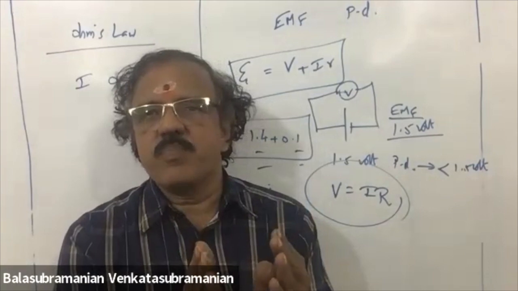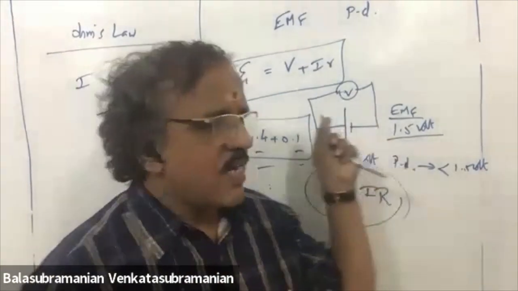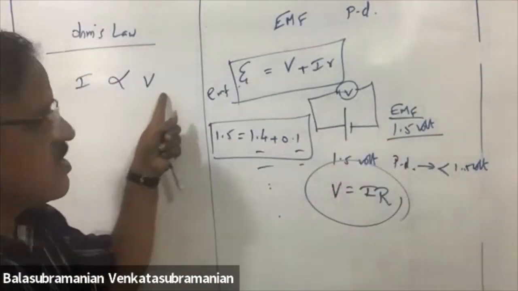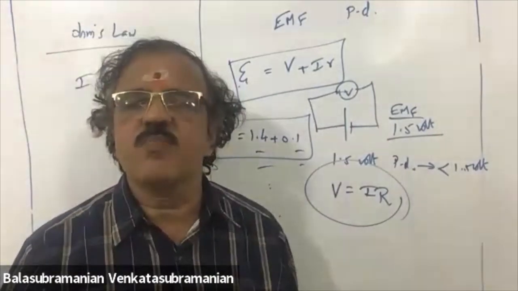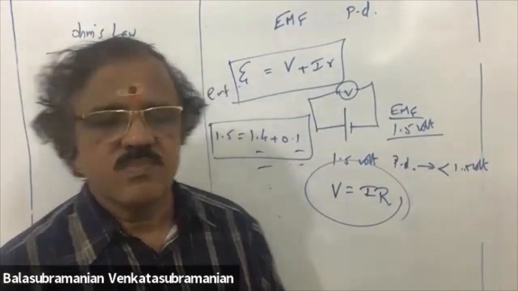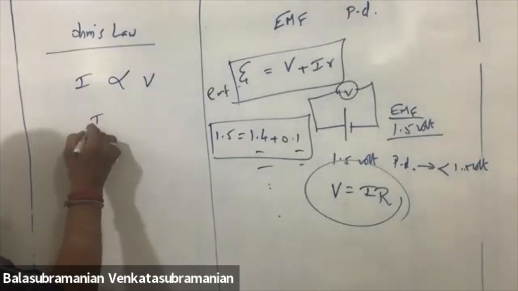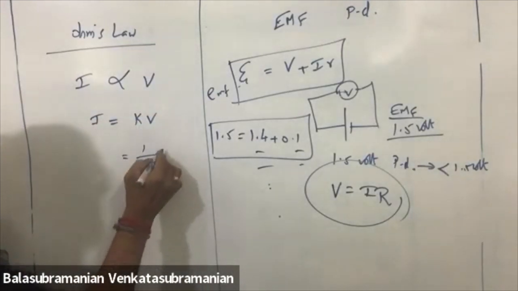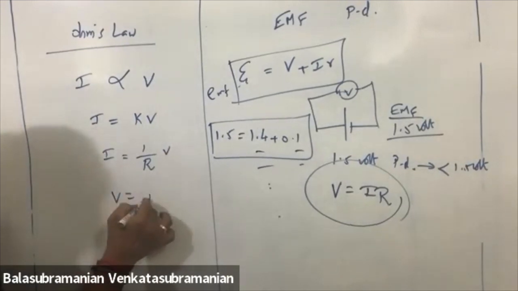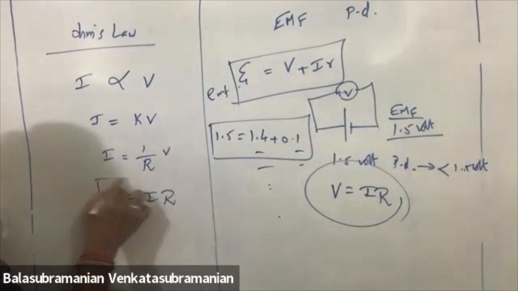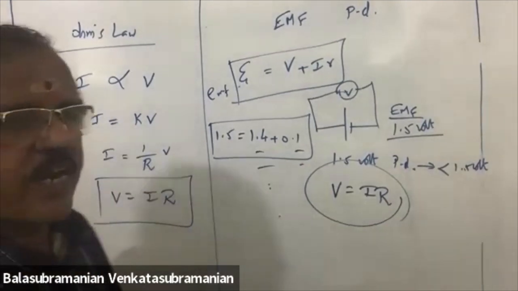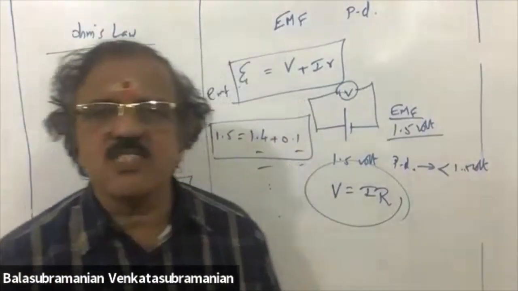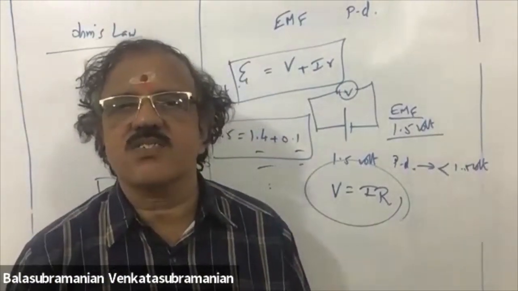At constant temperature, the current passing through the wire is directly proportional to the potential difference, or I is equal to a constant K into V. K is nothing but 1 by R, so I equals V by R. So you cannot simply write potential difference V as the product of current and resistance.